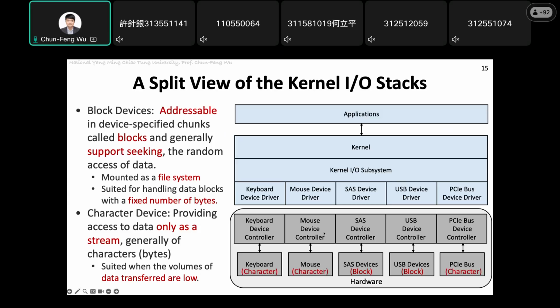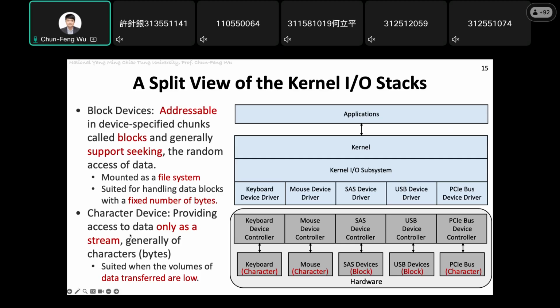Because they usually only come as a stream, the data transfer rate is quite low. If you type on a keyboard, you wait several milliseconds and then type another byte. So unlike a block device, you don't need super high throughput. A block device is about moving a super large block, so you rely on throughput.